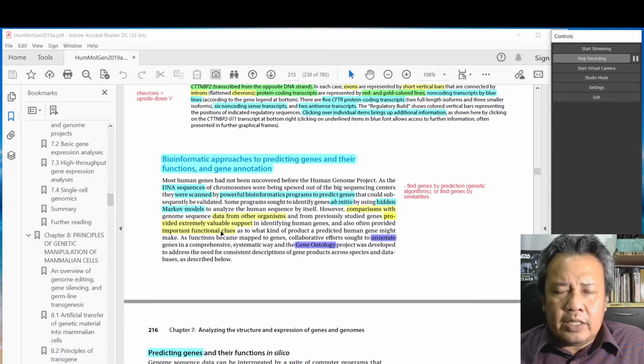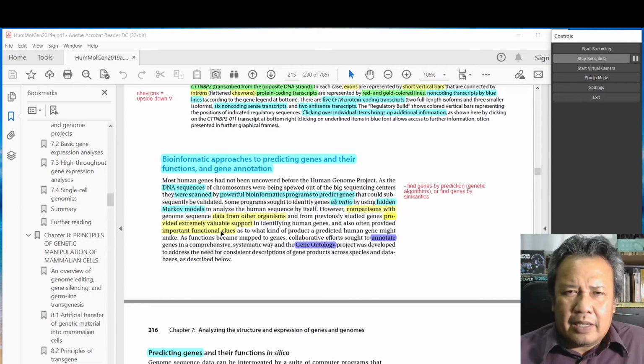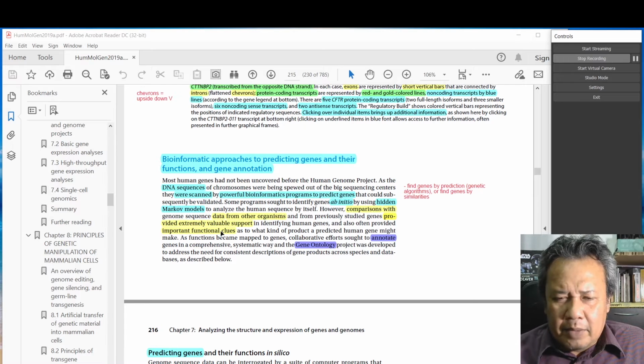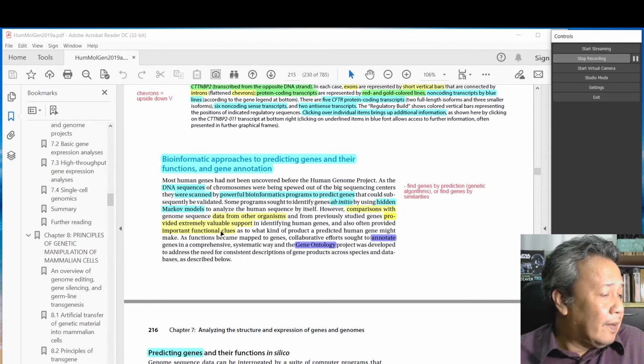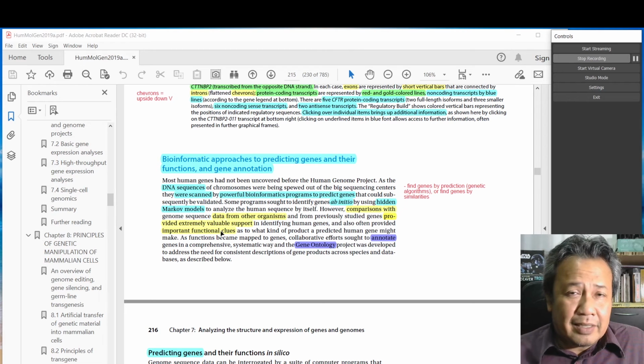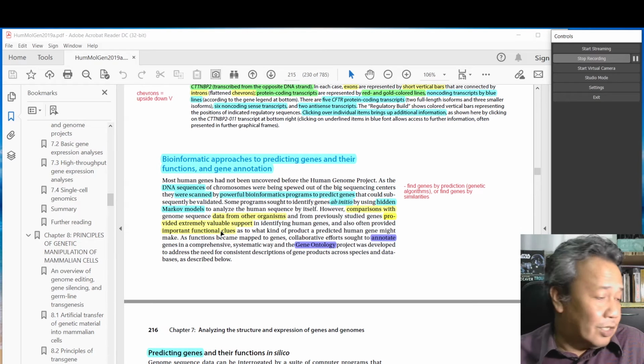A coding region also has a translatable sequence of a certain length, and any sequence that can be translated for maybe 15 or 20 amino acids can be considered a coding sequence. So all these characteristics can be included in the design of algorithms to predict whether a particular sequence contains genes or not.